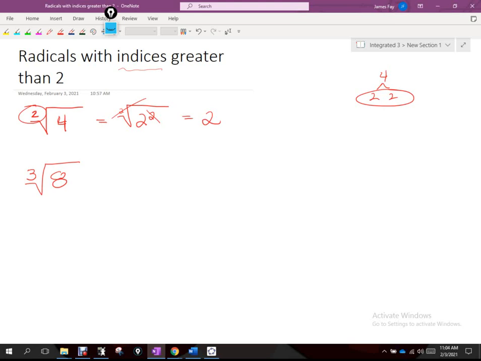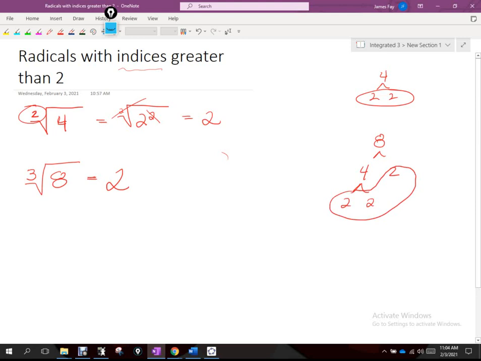Basically what it's saying is that we read this cube root of 8. Cube root of 8 is a symbol for a number that I multiply by itself 3 times to get 8. Does anybody know that number? It is 2 again. But the way we find that is we just come to the side, do the prime factorization. 8 goes down to 4 and 2, right? 4 goes to 2 and 2.